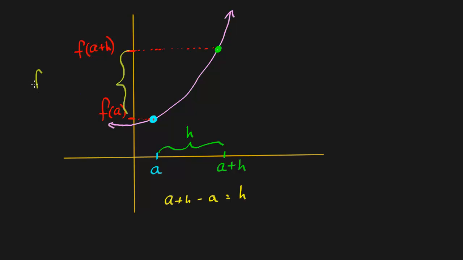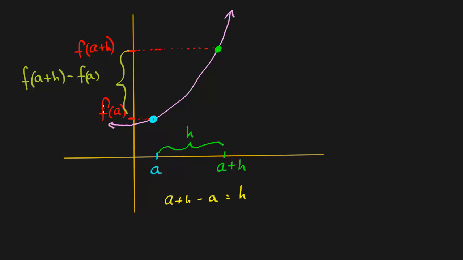So we call that f of a plus h minus f of a. Now hopefully you can see that. In fact, let me write that a little bit bigger. It's f of a plus h minus f of a. Again, that's like saying y2 minus y1, but we're doing it in the general case.